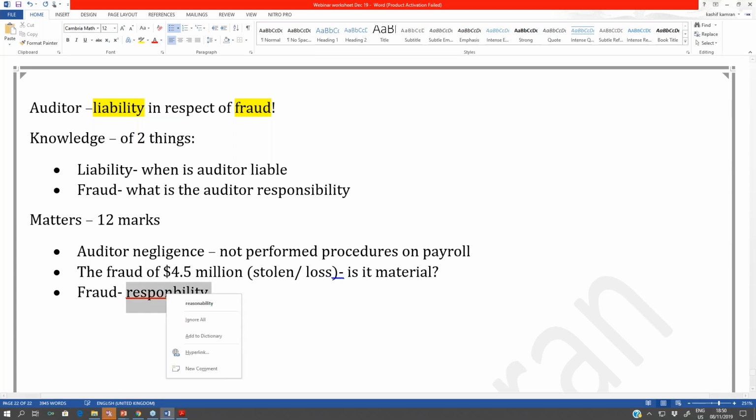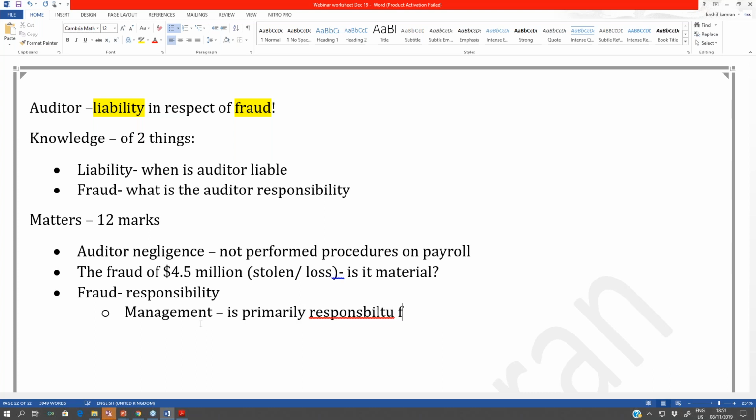We need to be very clear here that when we speak of fraud, we should be assured that the management itself has a responsibility for fraud, and the management is primarily responsible for fraud prevention and detection. Do you believe this is correct? Management is primarily responsible for fraud, whether it is fraud prevention or fraud detection.